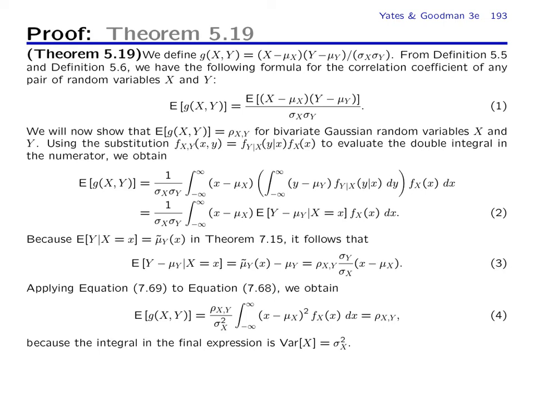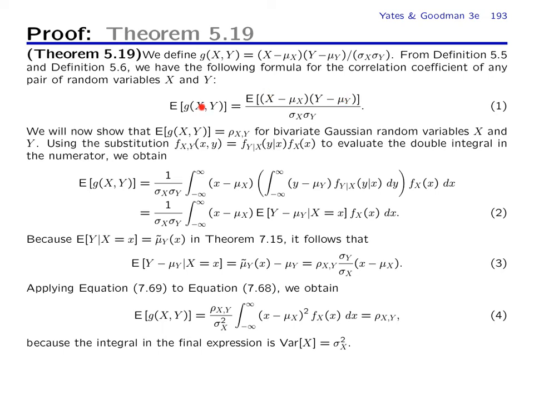To do this, you have to show that the expected value of x minus mu x times y minus mu y over sigma x sigma y is in fact equal to the rho that appears in the bivariate Gaussian PDF formula. So to do this, you have to evaluate this.